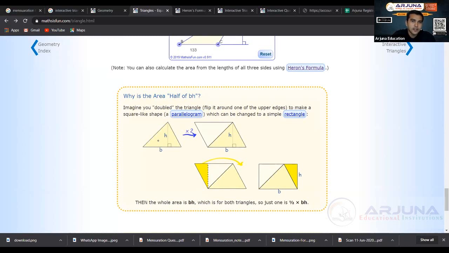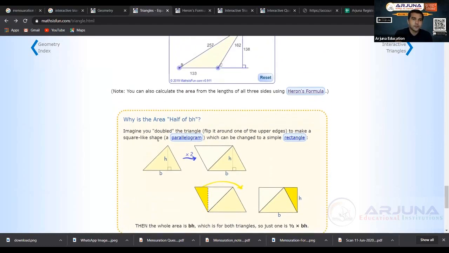You can easily see here. So it's a parallelogram, and you know base into height is the area of the parallelogram. So half into base into height is the area of the triangle. Okay, so this is how you get it. Fine.